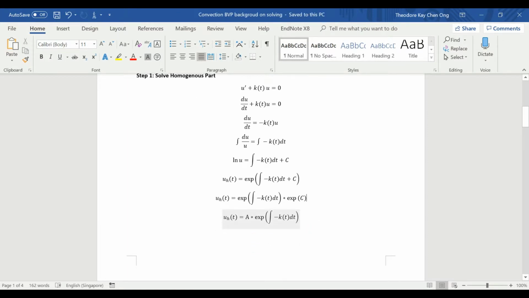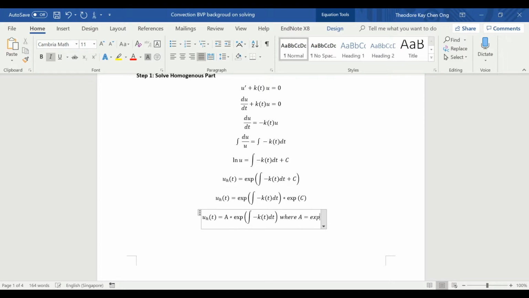So the homogeneous solution will be equal to a times the exponential of this, where a equals the exponential of whatever this c thing is. Now, given an explicit expression for k, we can solve any homogeneous first order ODE. Let's take a look at some examples.